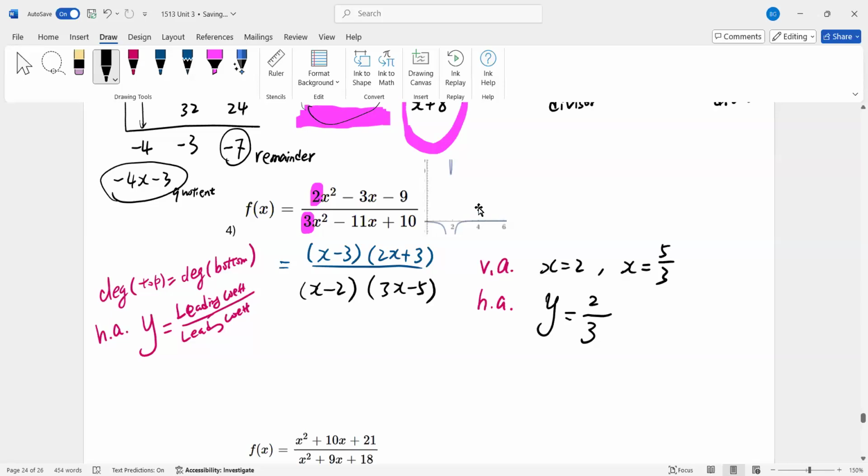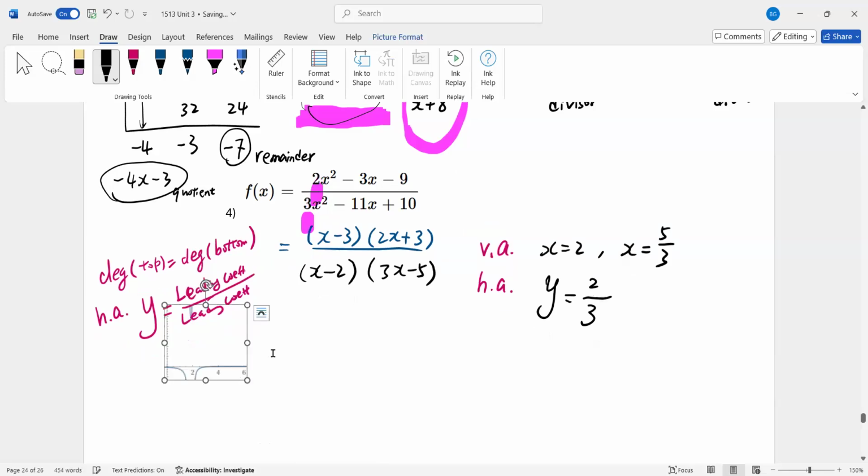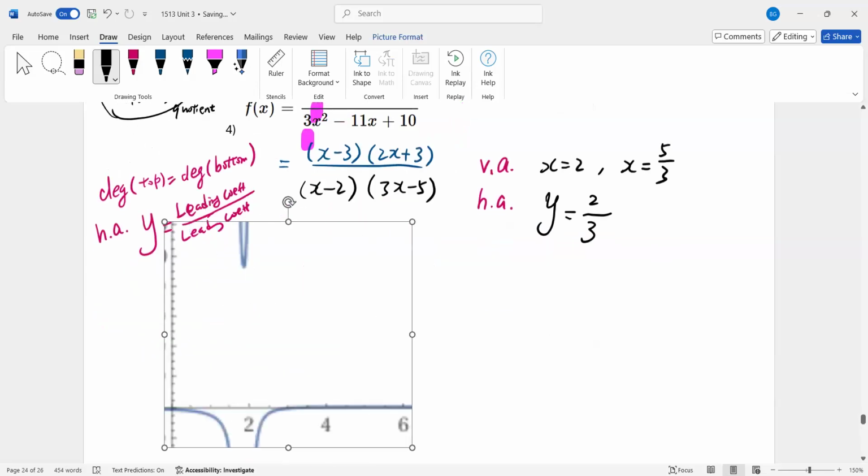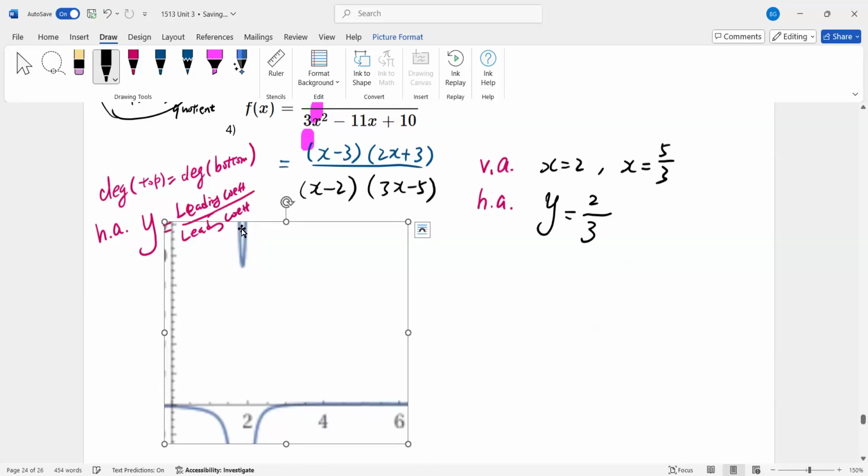I have the graph actually. As you can see, the graph of the rational function has 3 branches. There's one here, very small. Can make it bigger. Do you see the top? There's one branch on the top. So 3 branches. It has 2 vertical asymptotes.